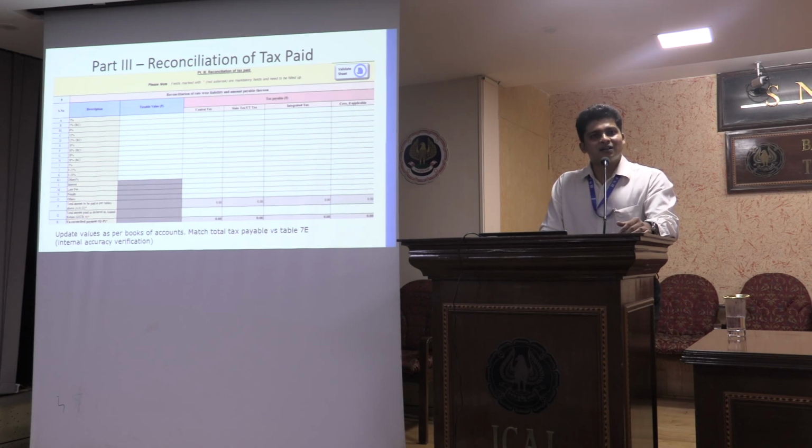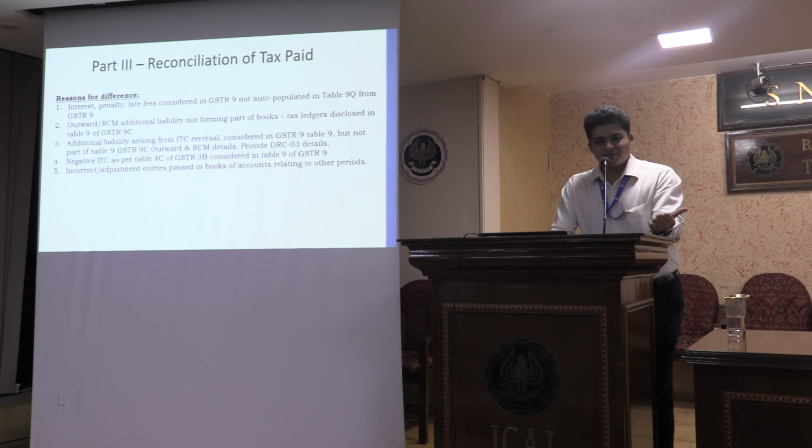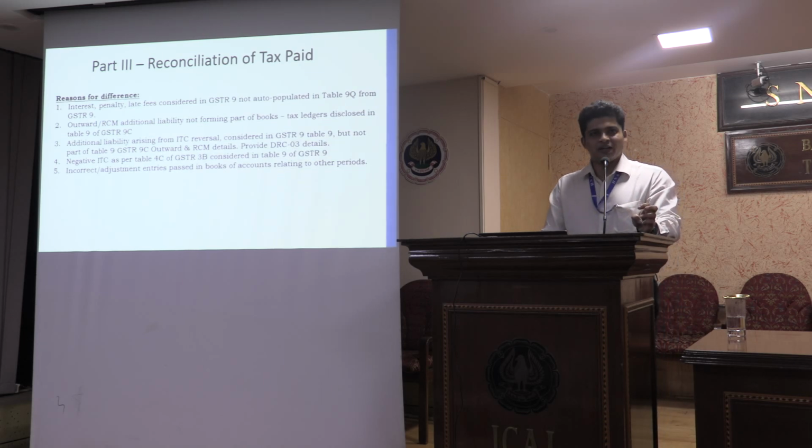So rate-wise liability does not generally arise with respect to ITC reversal. So to this extent, ITC reversal additional liability would not form part of the GSTR 9C table 9, although forming part of my GSTR 9. So to that extent, reason for variance.